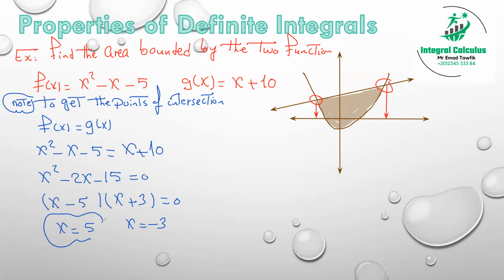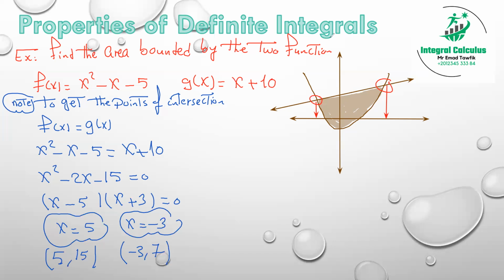Now we have the points of intersection. But if I ask you for the points, they should be written as ordered pairs. If x is 5, substitute in the easier one, the linear function, so the point is (5, 15). For the next one, if x is negative 3, negative 3 plus 10 is equal to 7. So now we have the points of intersection of the two functions.